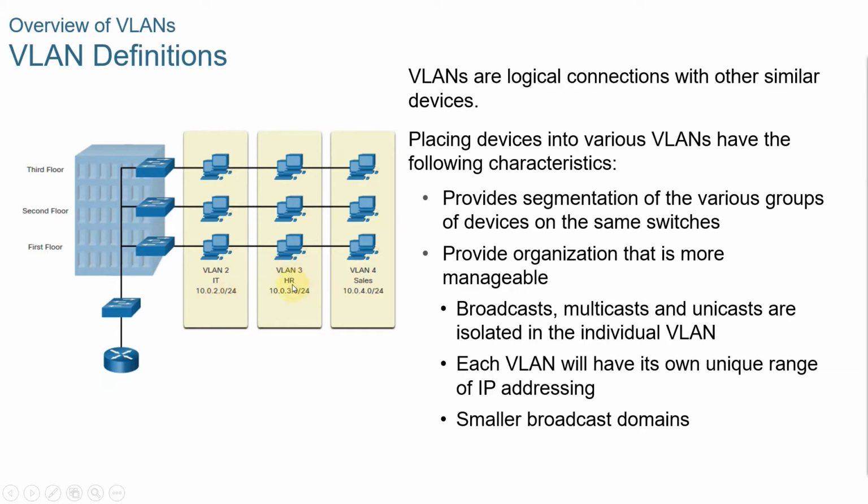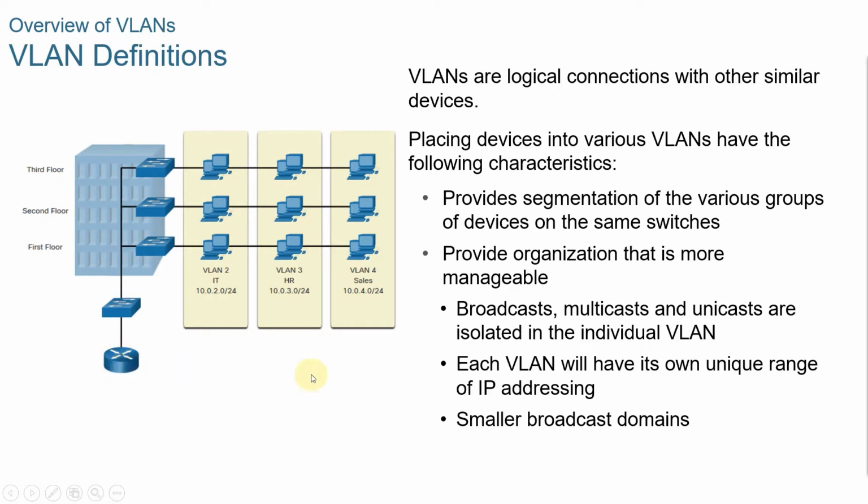VLAN 3 is named HR with an IP address 10.0.30.0/24, and VLAN 4 is named Sales with IP address 10.0.40.0/24. Now assuming that these VLANs are located in the same building, they might span 3 different floors and are connected to a single router.